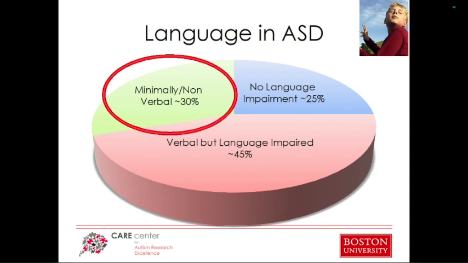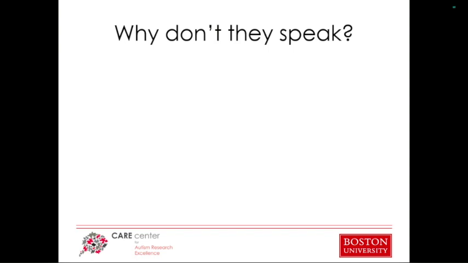These are the children who, despite, in our samples certainly, having a fairly early diagnosis and access to pretty high-level interventions, nevertheless failed to acquire spoken language. And we actually know relatively little about them because it's only recently that people have begun to study the minimally verbal.